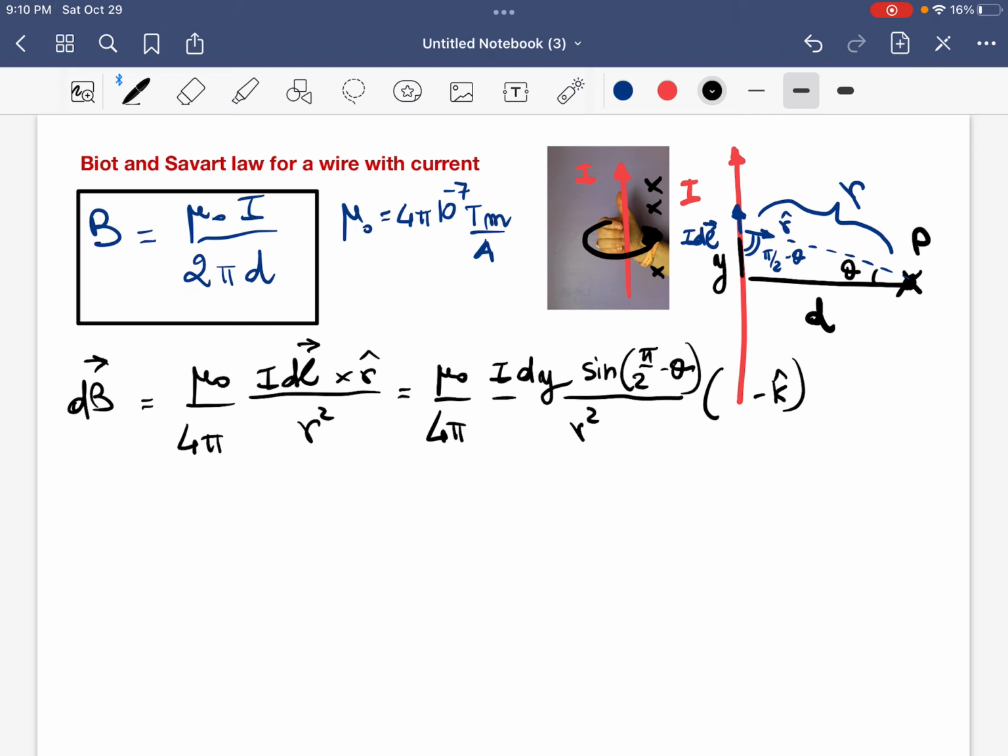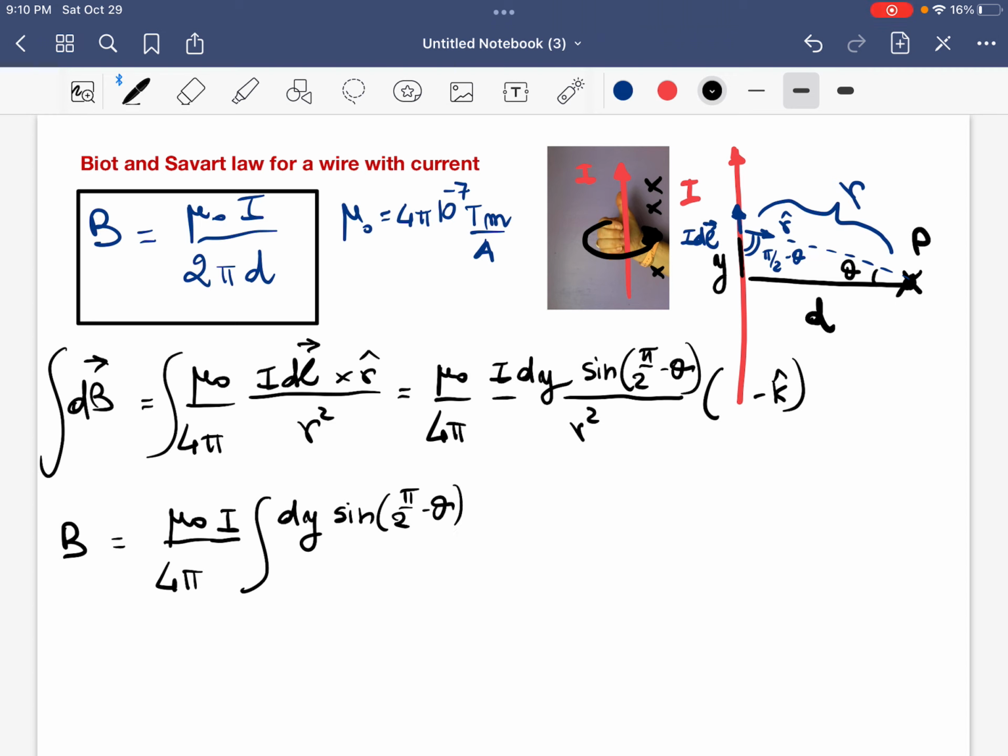If I want to find actually B, I will need to integrate on the left and on the right. So I will obtain that B, and let me now work in magnitude, is equal to mu 0 over 4 pi, and then I can also bring the current outside of the integral, and then the integral of dy, and then sine of pi over 2 minus theta divided by r squared.